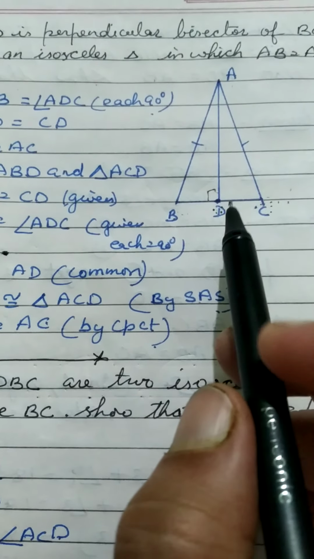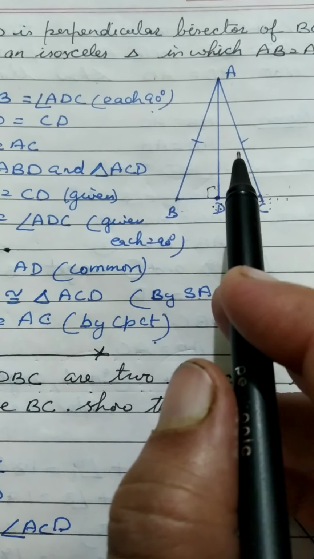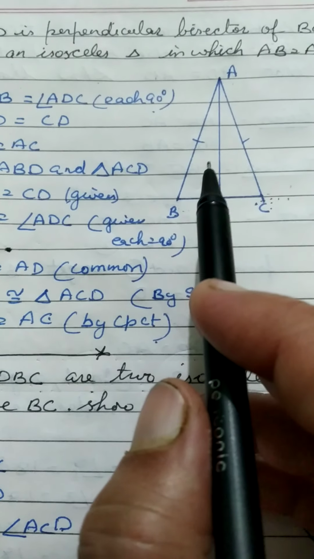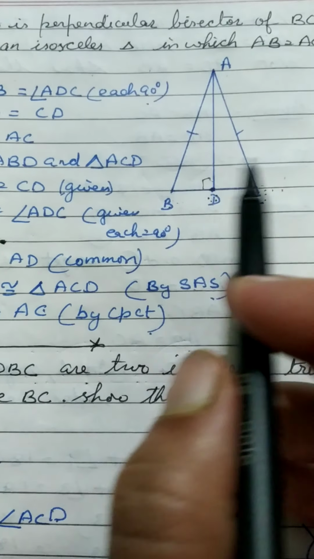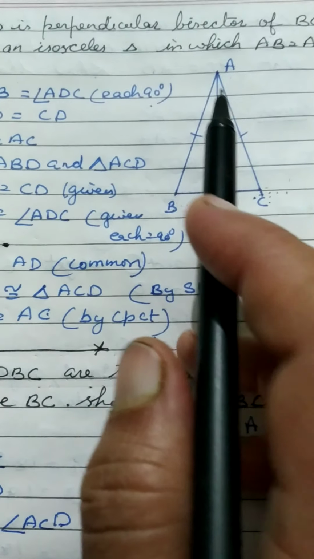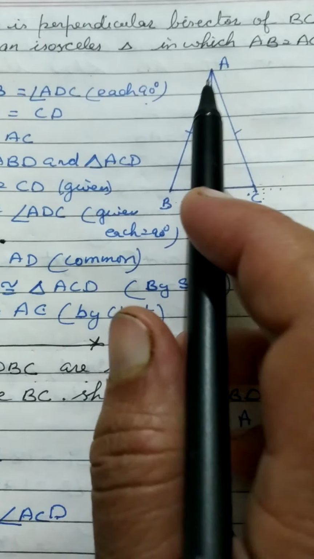Now we will take two triangles in which AB and AC are contained, and then we will prove that these two triangles are congruent. In which two triangles are AB and AC contained? In triangle ADB and triangle ADC.